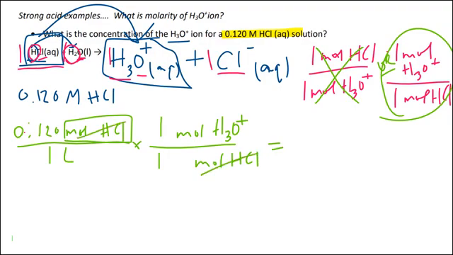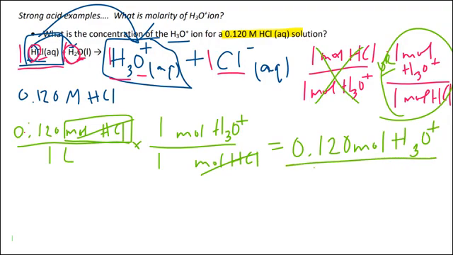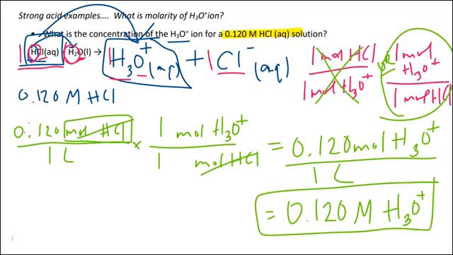So those are going to cancel, and I will get 0.120 moles of H3O+ over 1 liter, which is equivalent to 0.120 capital M molarity of my hydronium ion concentration. So next we're going to look at an example where it's not a 1-to-1 ratio.